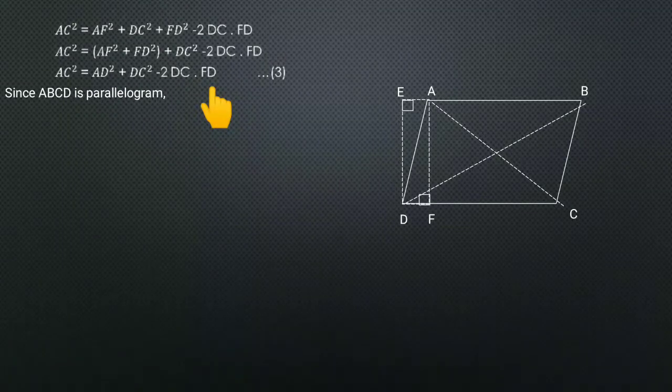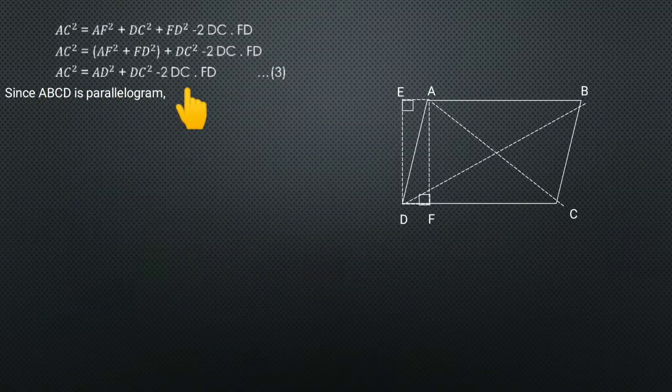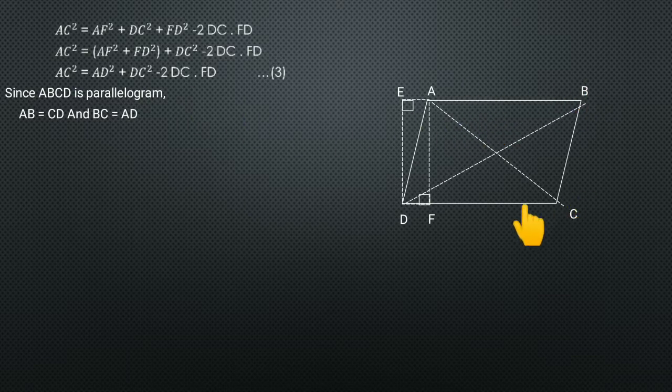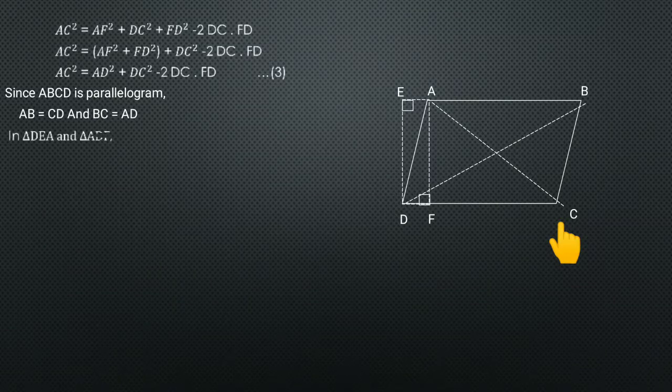Next, we know that ABCD is a parallelogram, and in a parallelogram opposite sides are equal. Therefore, AB is equal to CD and AD is equal to BC. Use this result in earlier results. Now here we have to prove that triangle DEA, the small triangle, and triangle ADF are similar triangles.